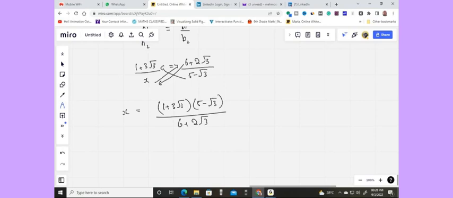Now you know how to multiply the numerator factors. They are irrational factors, so you multiply just like how you multiply your algebraic factors. The methodology is the same.